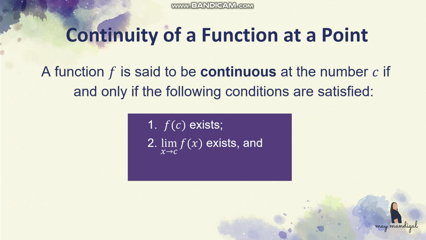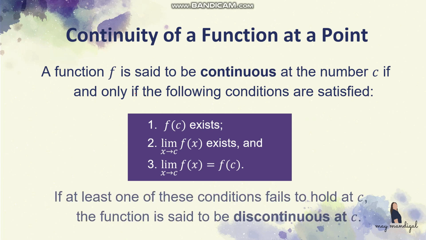After checking the value of the function at c, we also have to identify the limit and check if it exists. And lastly, the limit of the function must be equal to f of c. So these three conditions must be satisfied. First, f of c exists. Second, the limit exists. And the third one is that the limit and the value of f of c must be equal to one another.